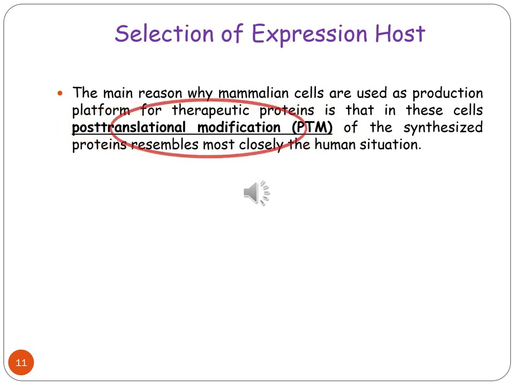The main reason why mammalian cells are used as an expression host cell is that in these cells, post-translation modification, PTM, of the synthesized proteins resembles most closely the human situation. What does this mean? Post-translation modification is the modification performed after translation, as we said before.